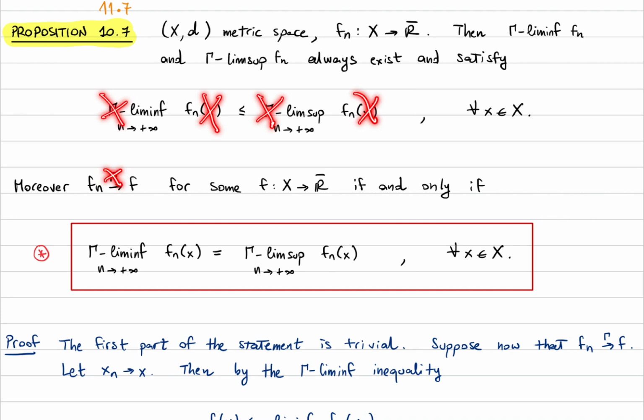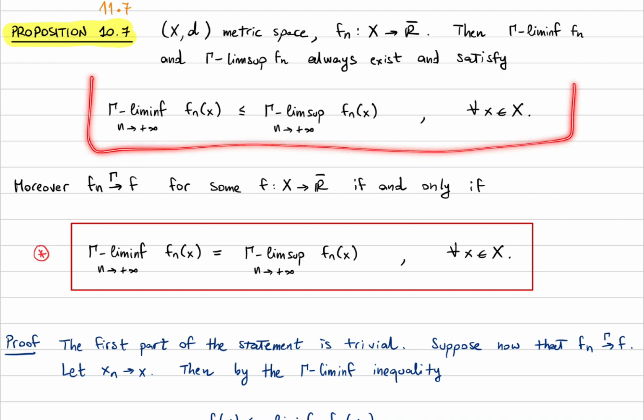Then you can just remove all the gammas in this statement and all the dependencies on x, and this is exactly what you would expect from a definition of a lim-inf and a lim-sup. So, usual setting: (X, d) metric space, Fn sequence of functions. Then the gamma lim-inf of Fn and gamma lim-sup of Fn always exist, so they are well defined, and they satisfy this inequality here.